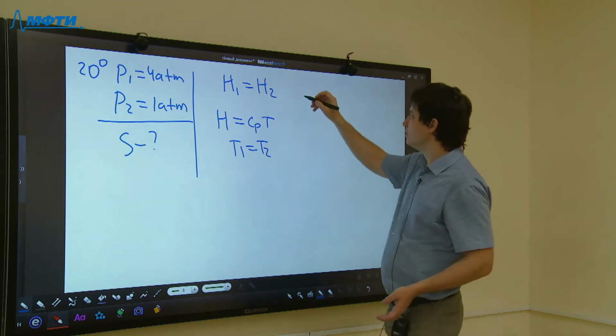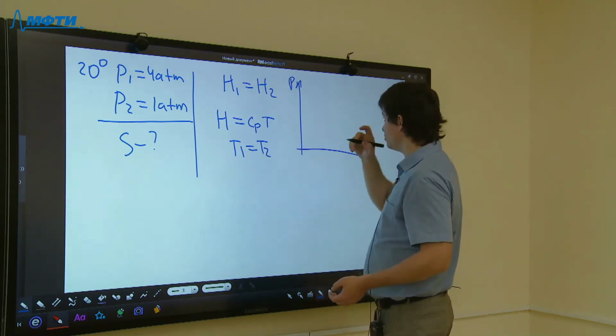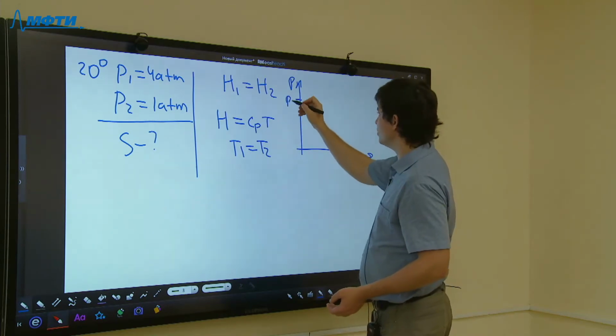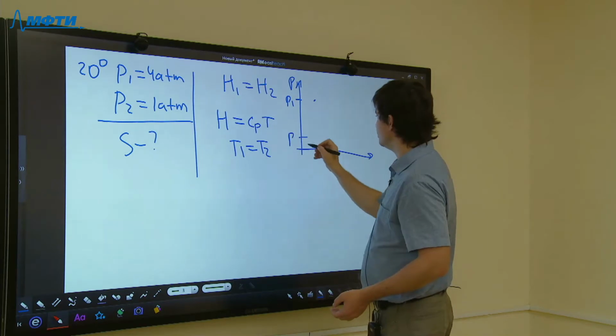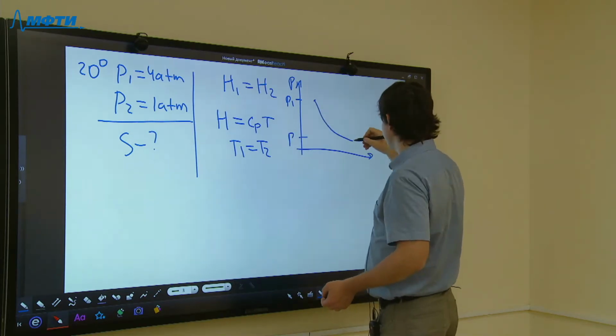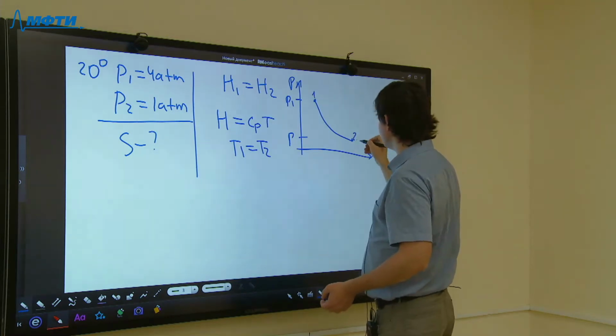So if I have, for example, a PV diagram, I can even plot all of these states. So here P1 is 4 atmospheres, and P2 is 1 atmosphere, and I have the same temperature. So I have the initial state here, final state here.